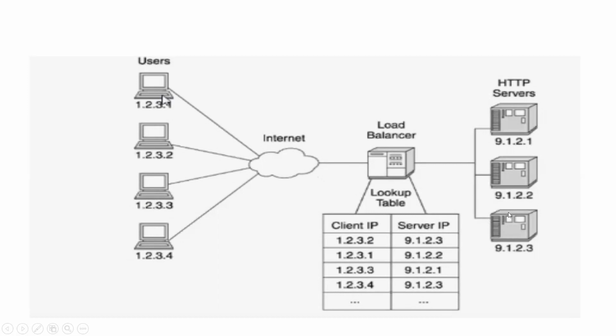Before sending it to the web server, it prepares a mapping table in the load balancer itself: this request comes from this IP, and it has been processed by this particular EC2 instance behind the load balancer. So it prepares a lookup table so that it has tracking information. Again, when a post request or similar request comes from a similar IP, it will send it to the same web server. This way it maintains the session.